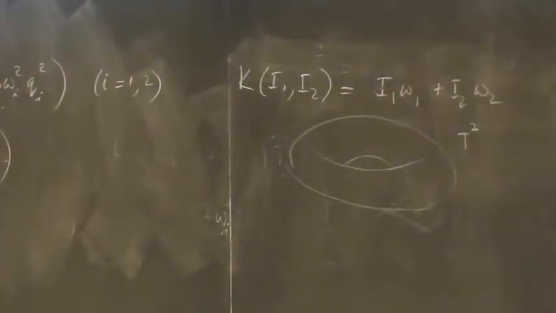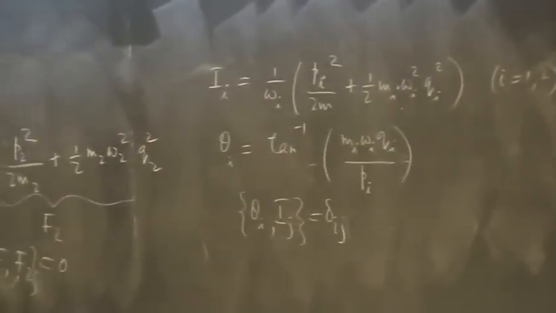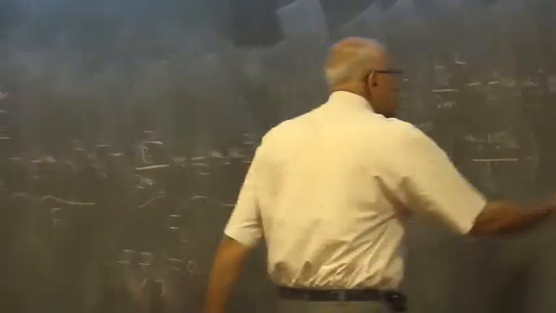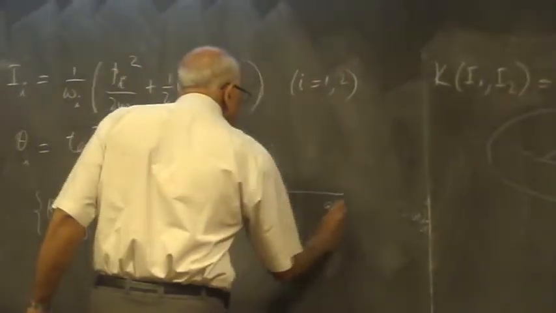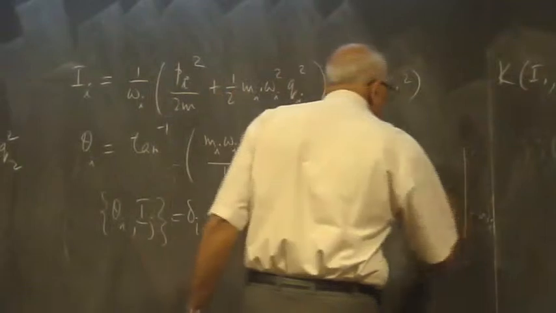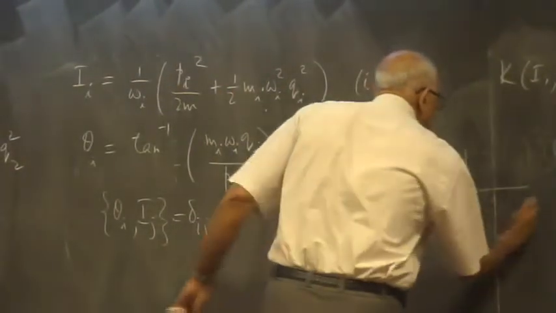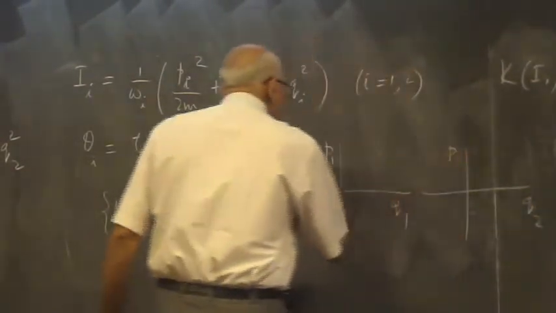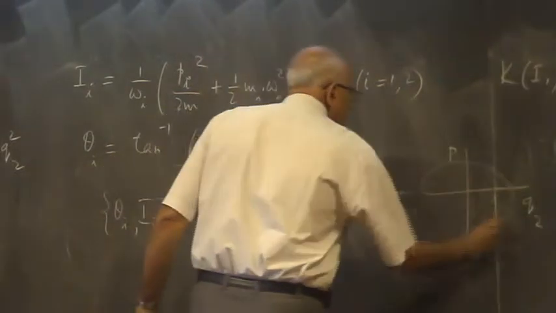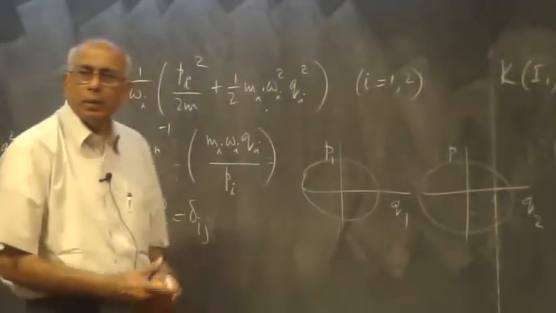For each given I1 and I2, there's such a torus. For each given I1 and I2, the only thing that changes is theta 1, theta 2. So in the original q-p space, q1, p1, q2, p2 space, this was your first phase trajectory, this is the other phase trajectory.